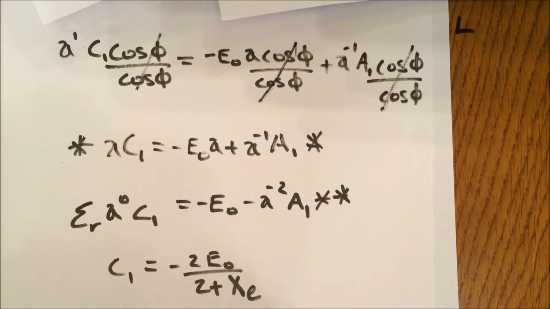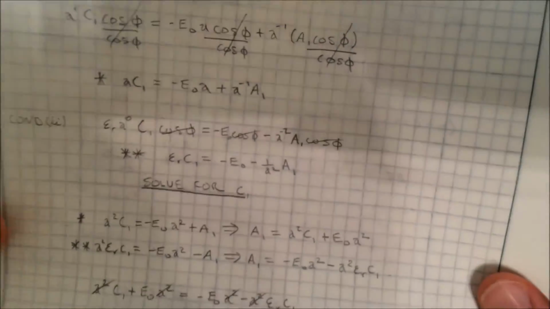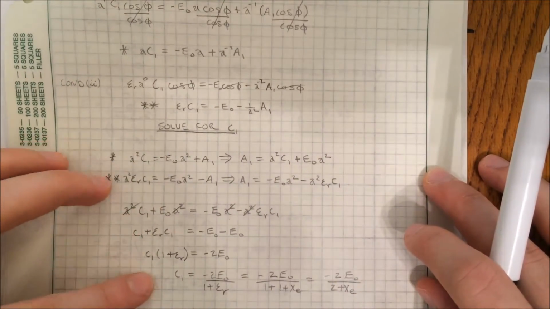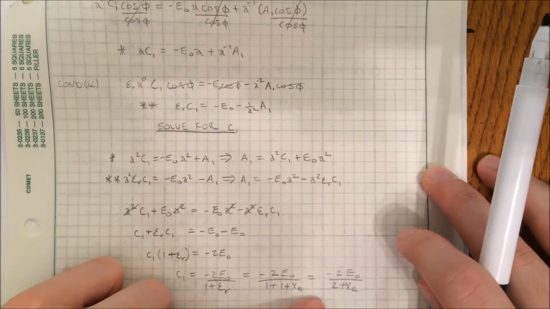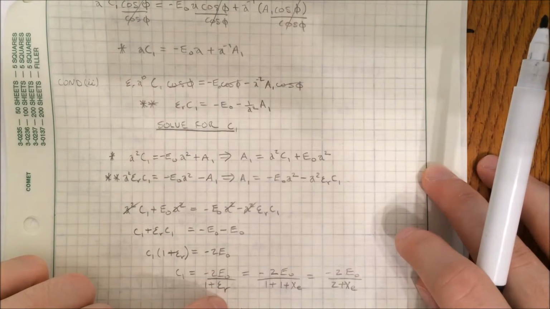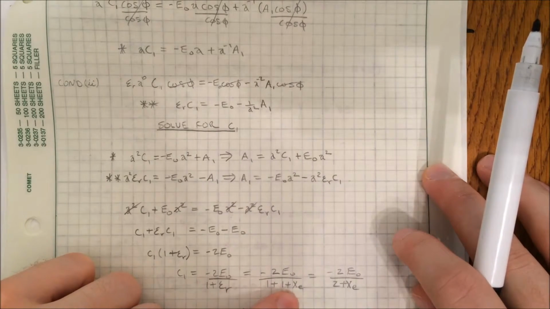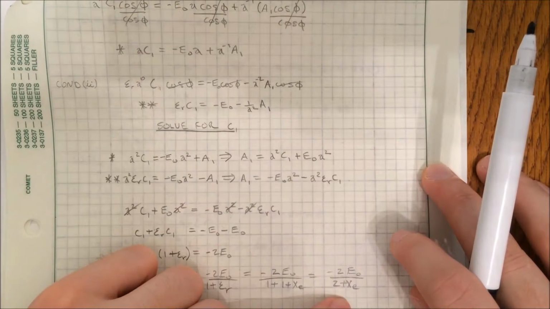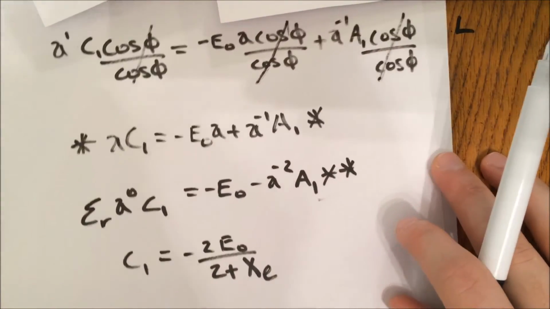Just to save some time on this video, here's what the algebra should look like for that. So you can see here you get down to the relative permittivity is actually equal to 1 plus x sub e, which can further simplify down to -2 e0 over 2 plus x sub e, which is what we have here.